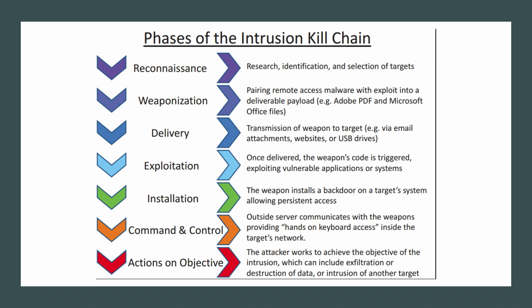Reconnaissance involves gathering intelligence on the target, such as network details or employee information. Weaponization is where attackers create a malicious payload tailored to the target's vulnerabilities. Delivery is the transmission of this payload, often through phishing emails, infected websites, or removable media.